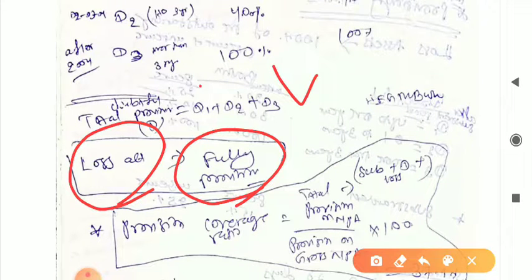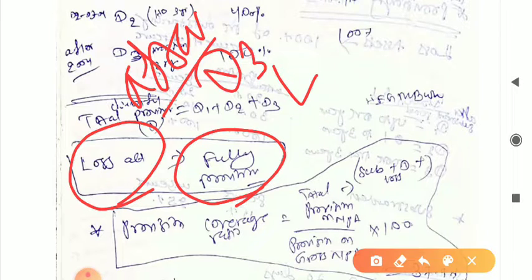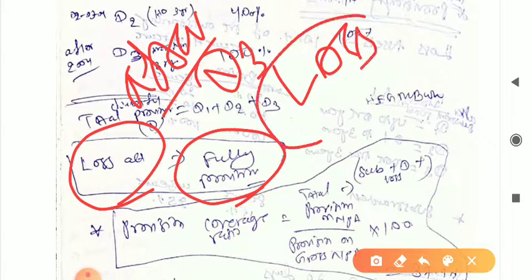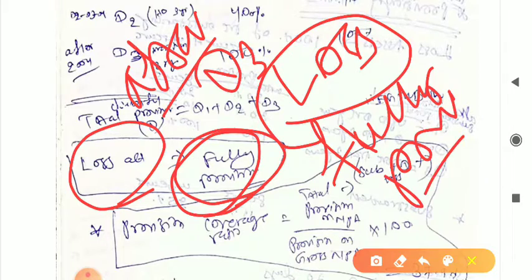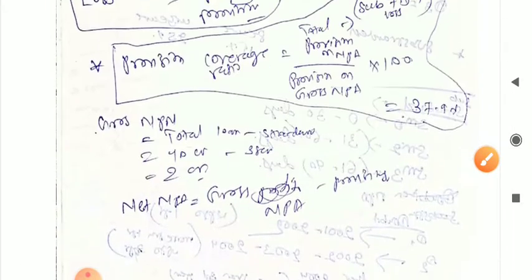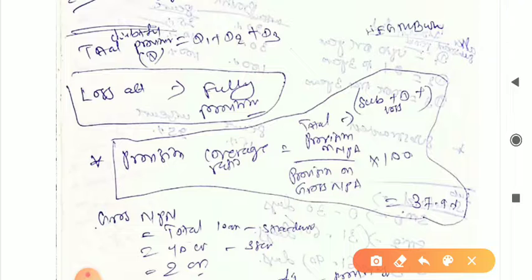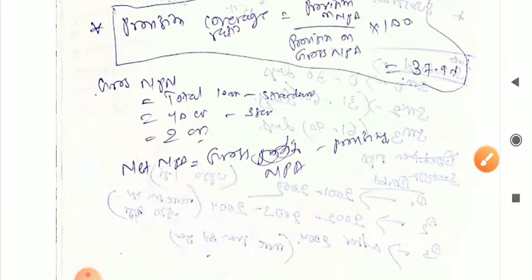Then after D3, the asset will be completely loss, right? In that case, full provision. So one more thing we can see here, provision coverage ratio. There is one ratio. What is that? Let me discuss here.